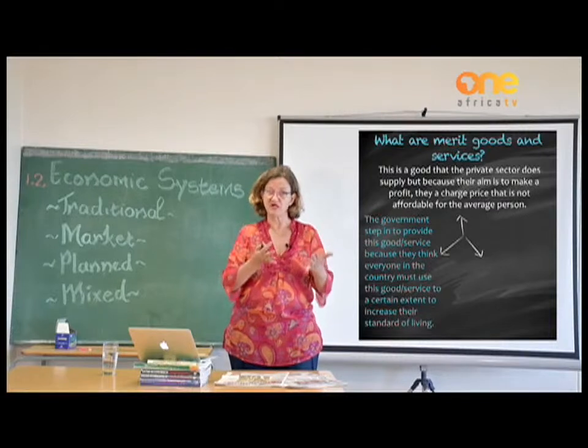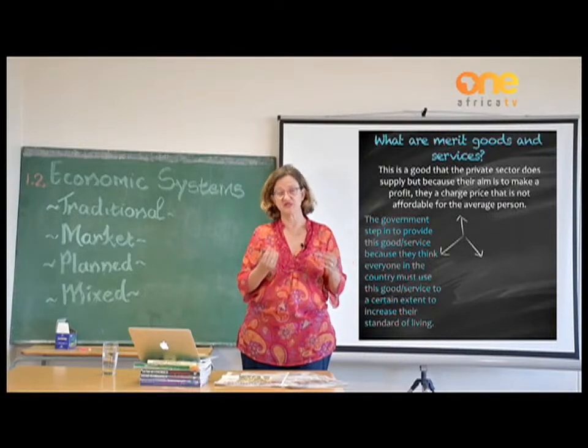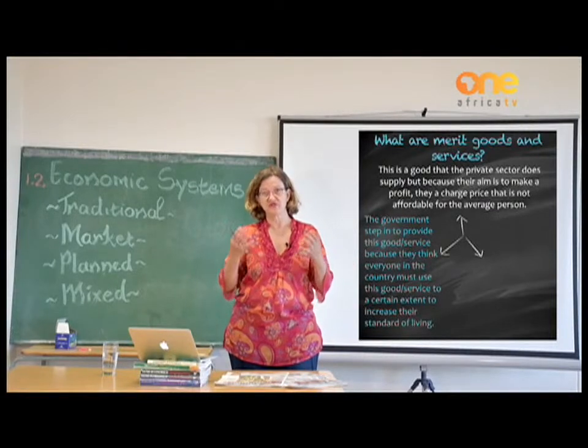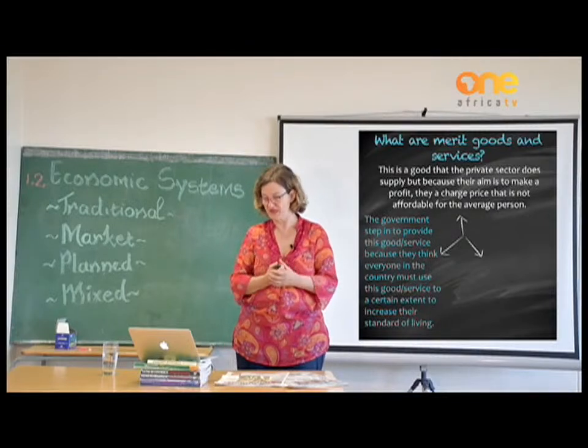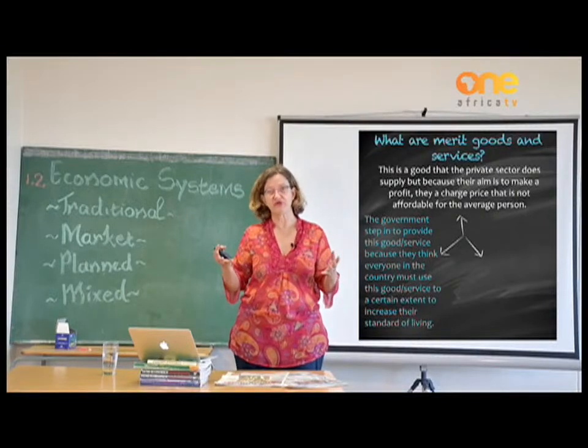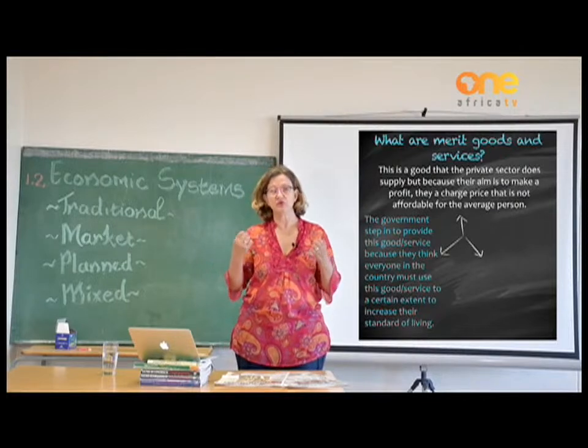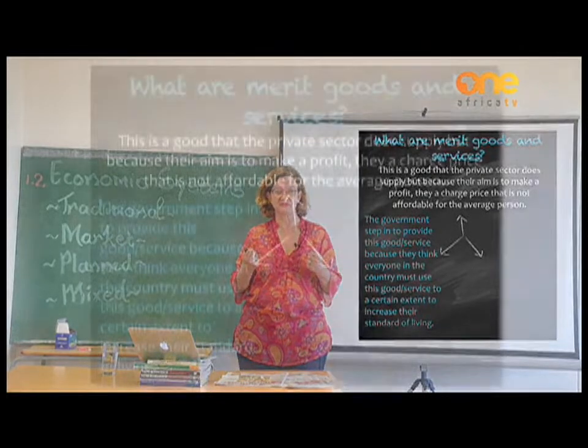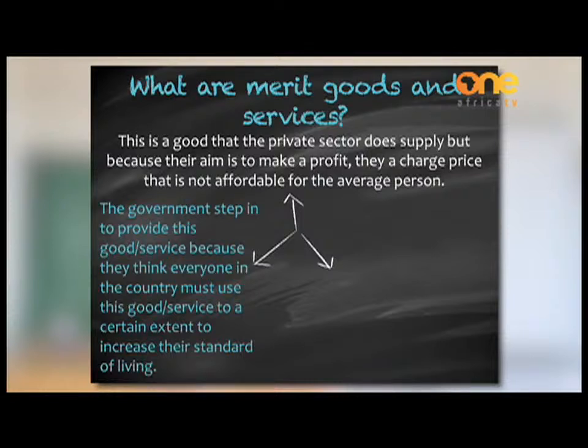So they provide hospitals and they provide schools. That is examples of merit goods, and very relevant for you, because the government do this. They know if it must be in the hands of the private sector, then it will not be supplied enough of it. And on the other hand, if the private sector supply it, it will also be too expensive for everyone to afford it.